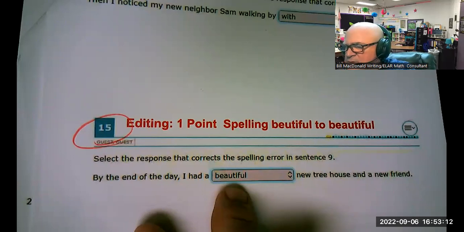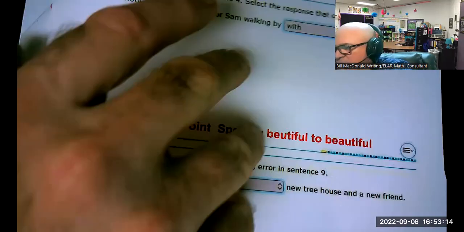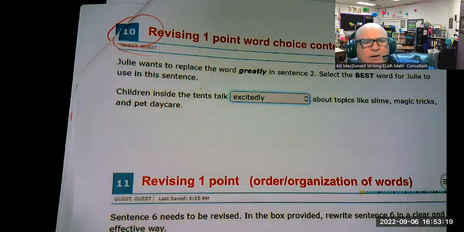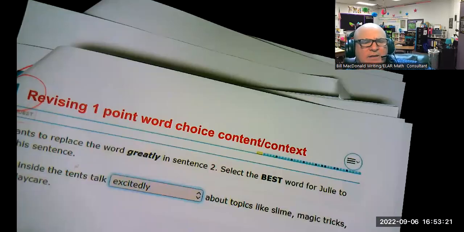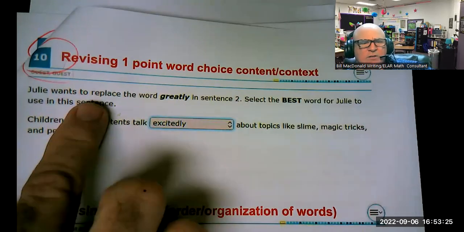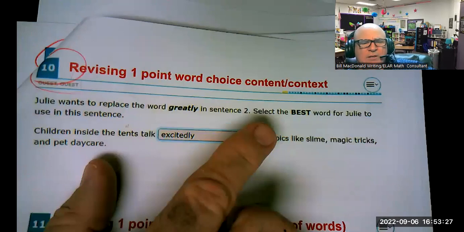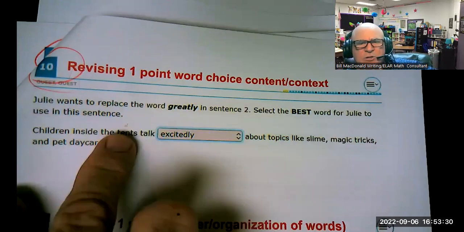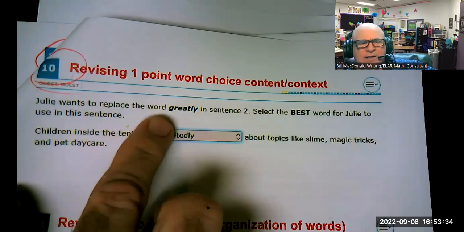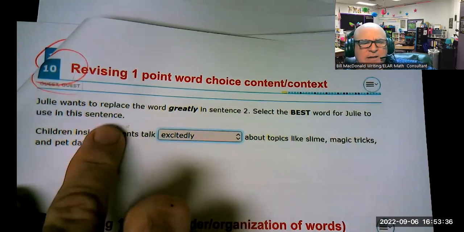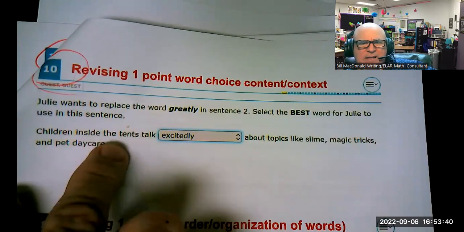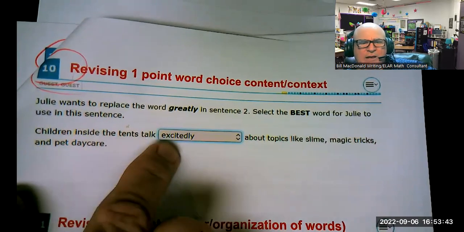All right, so let's switch over to 4th grade. Drop down menu. Revising, improving the content. And again, it's the context. Julie wants to replace the word greatly in sentence 2. Select the best word for Julie to use in the sentence. Children inside the tents talk blank about topics like slime, magic tricks, and pet daycare.